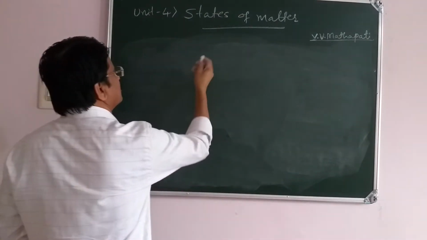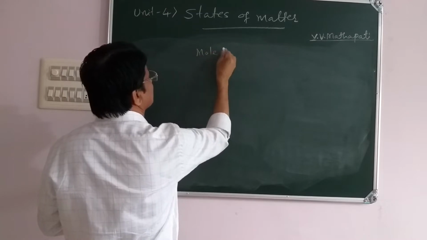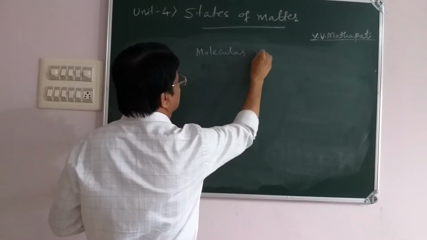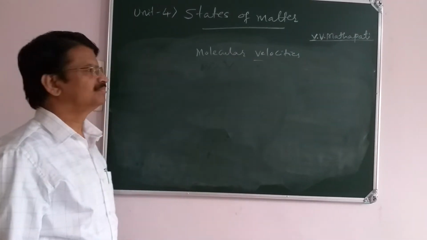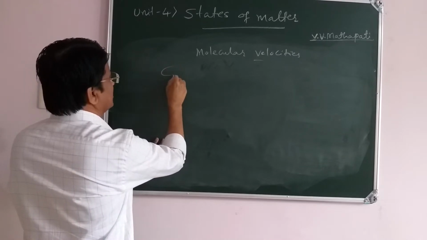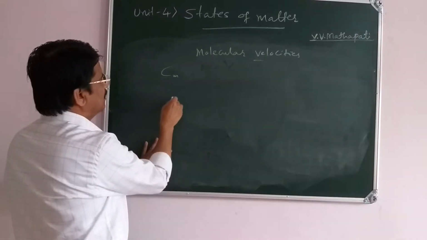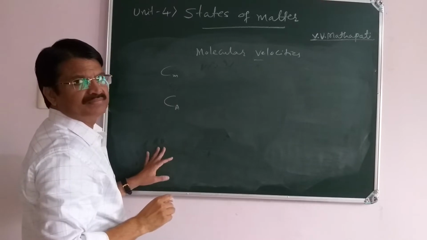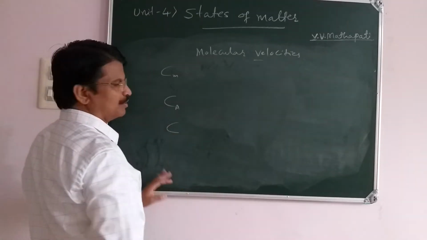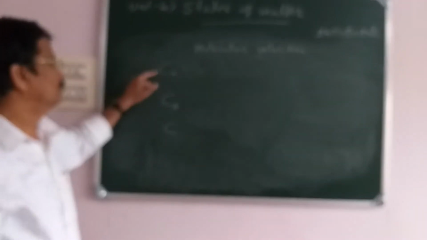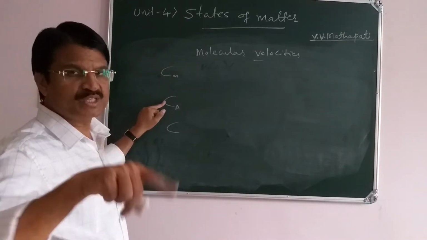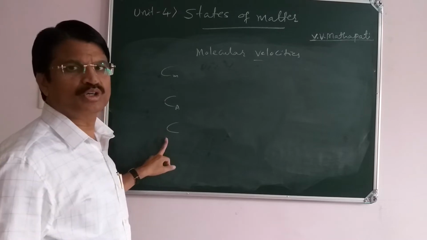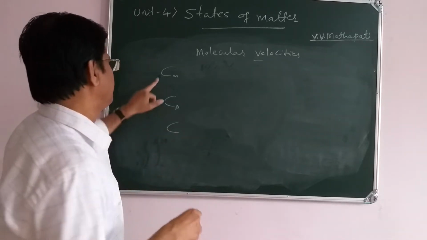Now, different molecular speeds, molecular velocities. Most probable velocity, average velocity and RMS velocity, root mean square velocity.